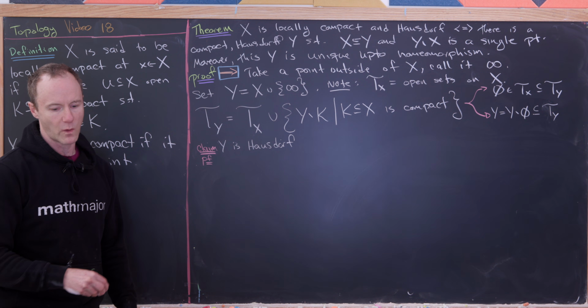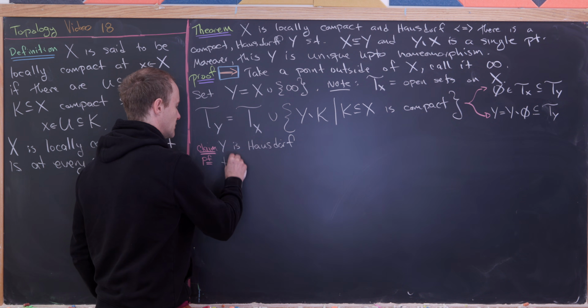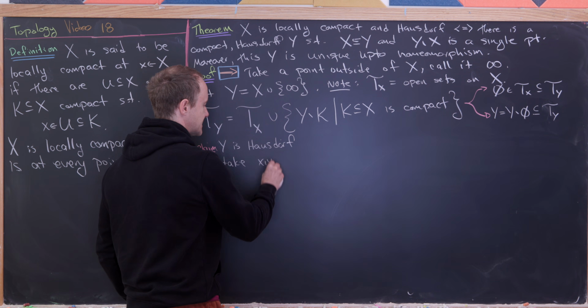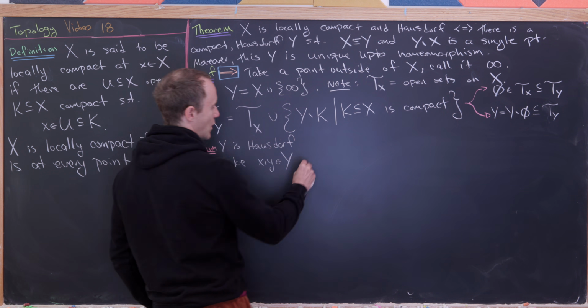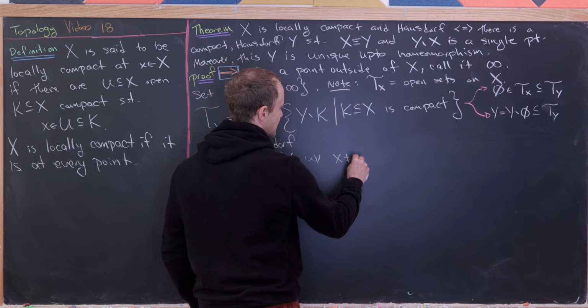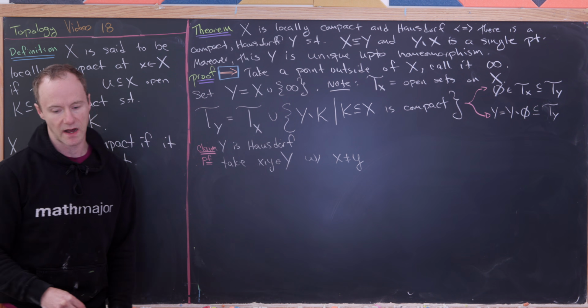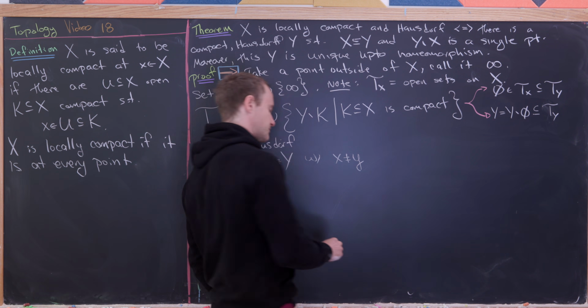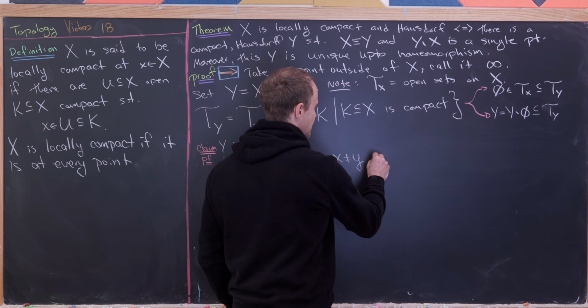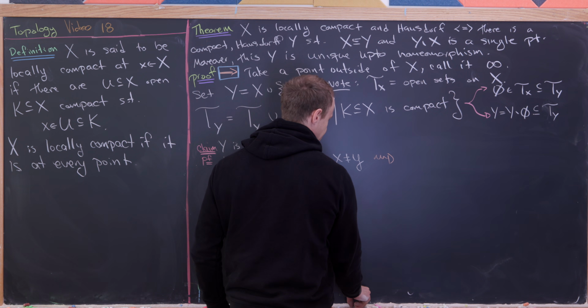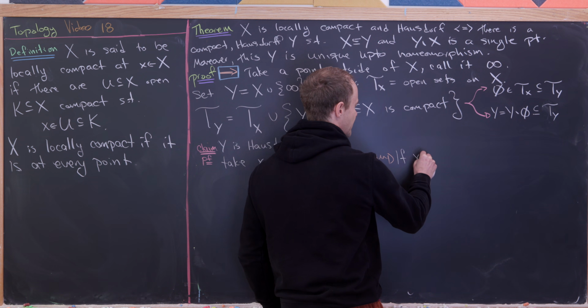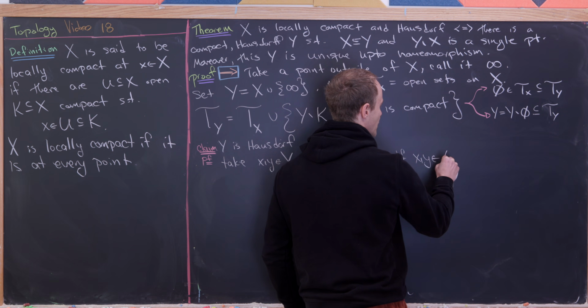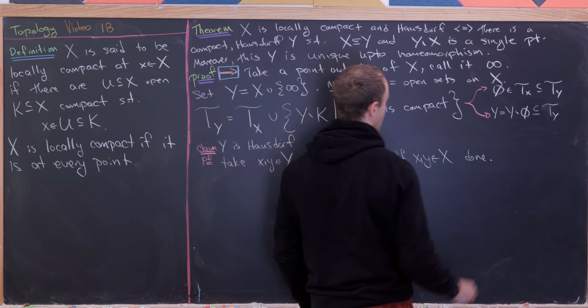All right, now we'll prove that Y is Hausdorff. So let's take little x and little y in Y, with little x not equal to little y. And now let's quickly notice that there's a very simple case of this, and that is if x and y are both inside of X, we are done.